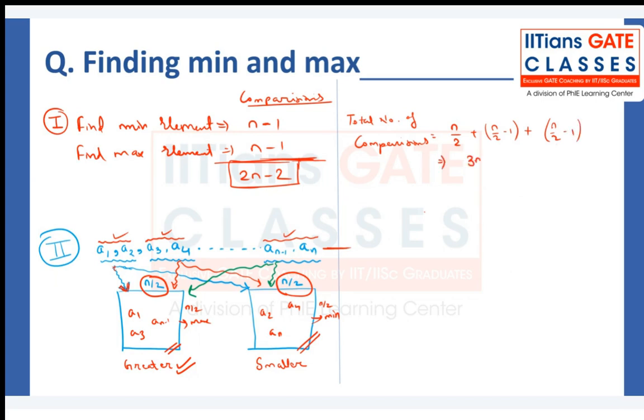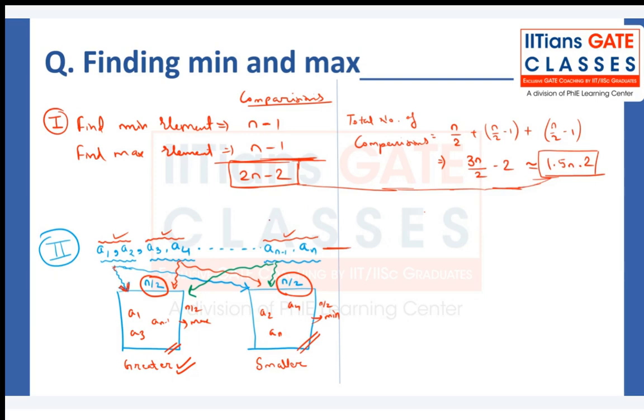So our total comes out to be 3n by 2 minus 2, which is nothing but 1.5n minus 2. Do you guys see an improvement in this? Yes, definitely we have an improvement.